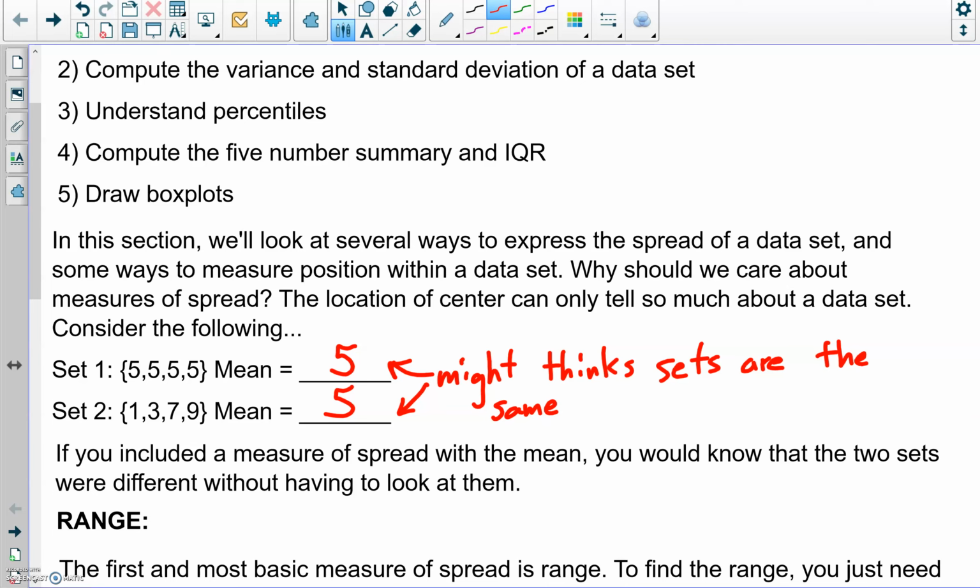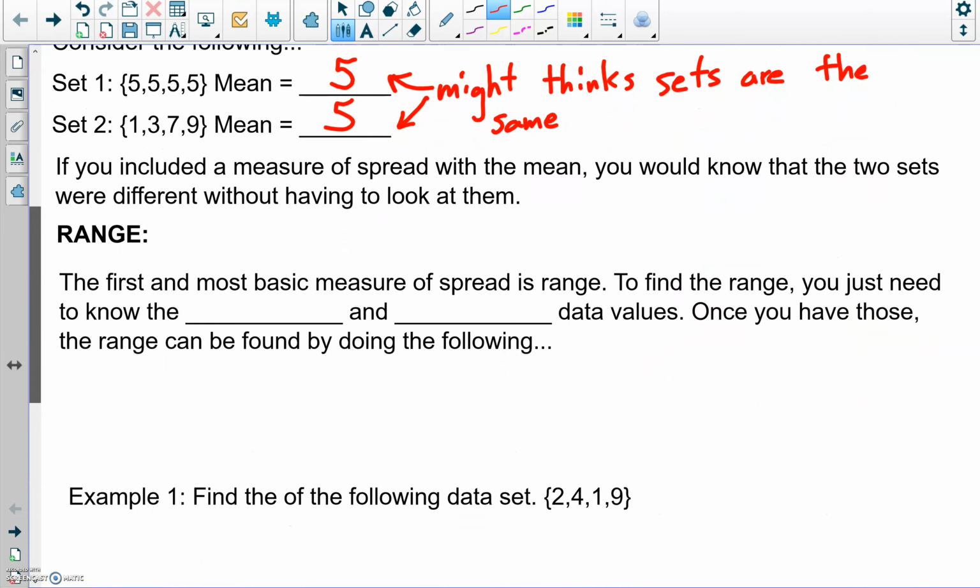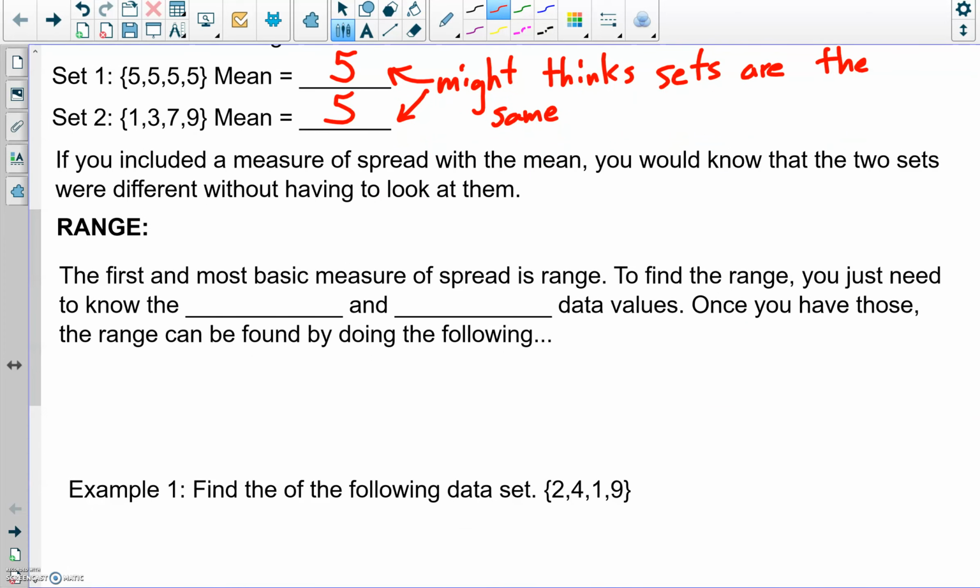That gives you a better picture that, even though they got the same mean, there's something different between them. When you ever see a range of 0, all the numbers are the same. And the other, knowing it has a range of 8, there's a spread in that data more than that first set. So the spread of a data set is really important for getting a better picture just from the numbers that are given.